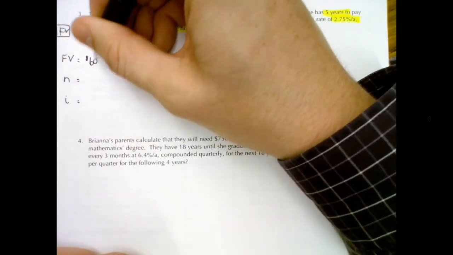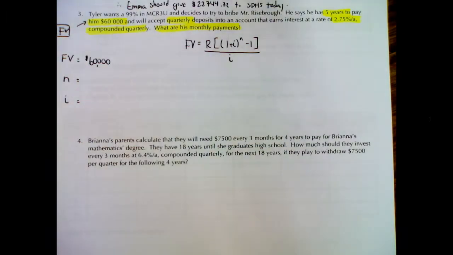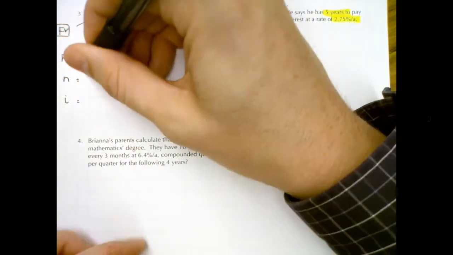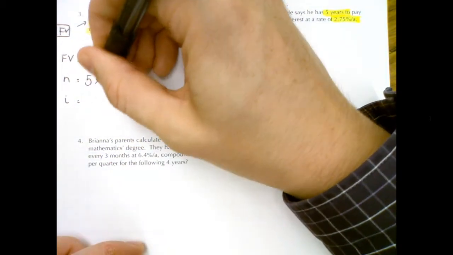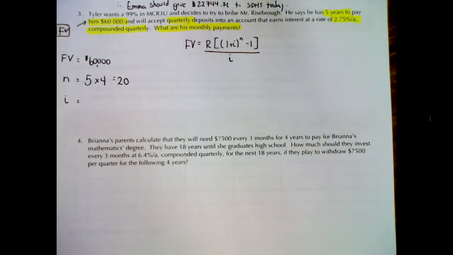That's the amount that Mr. Risebrow needs in 5 years to accept that bribe. n would be the number of years multiplied by how many times that deposit's happening, or how many total deposits are going to be made. Well, if it's over 5 years and it's quarterly deposits, that's going to be 20 deposits.